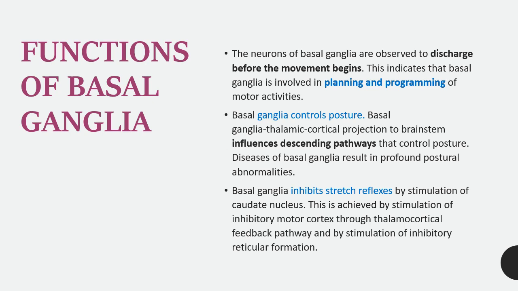Diseases of the basal ganglia result in profound postural abnormalities. The basal ganglia inhibit stretch reflexes by stimulation of the caudate nucleus. This is achieved by stimulation of the inhibitory motor cortex through the thalamocortical feedback pathway and by stimulation of the inhibitory reticular formation.